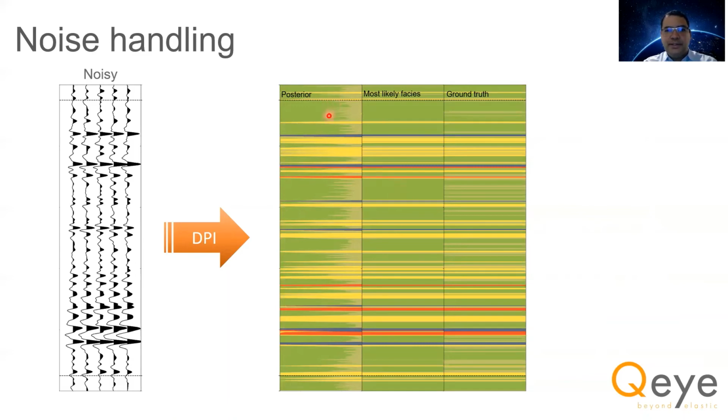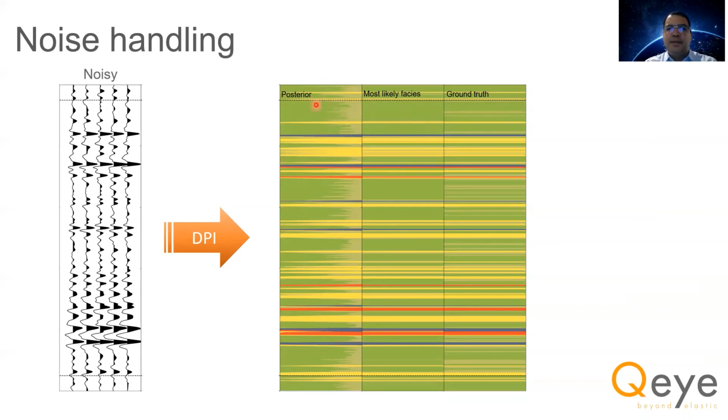However, we can still see some of those silt probabilities on the posterior, but because we chose the most likely facies to represent our final result, we are not seeing many of those silt facies in our solution.